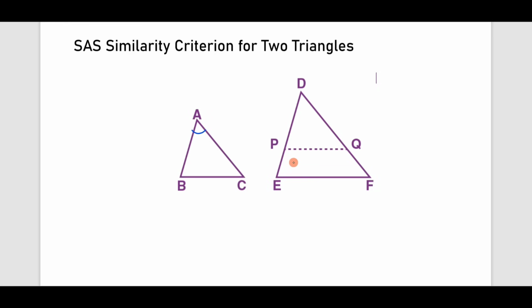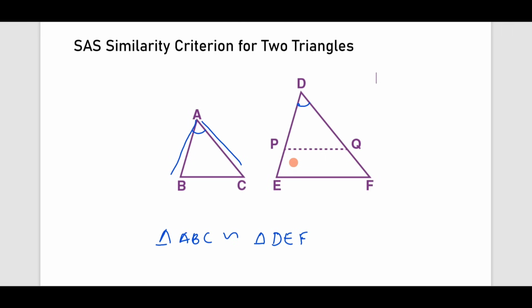For example, angle A is equal to angle D, and the side AB is proportional to DE and AC is proportional to DF. We can say that triangle ABC is similar to triangle DEF.